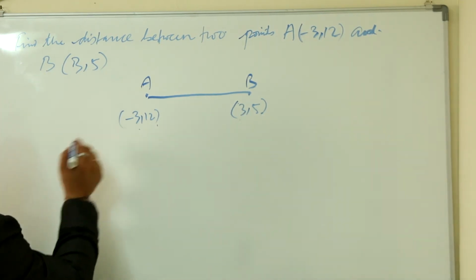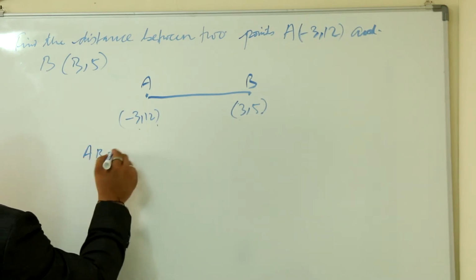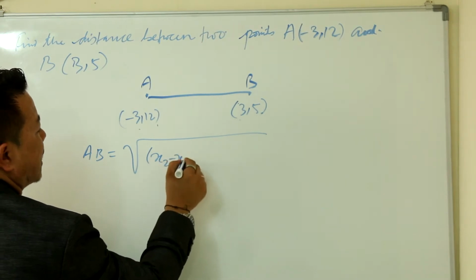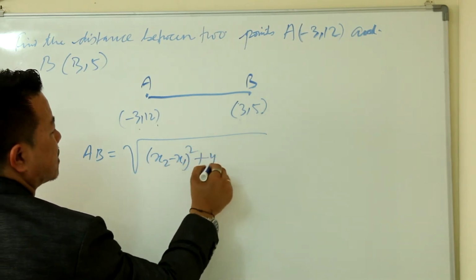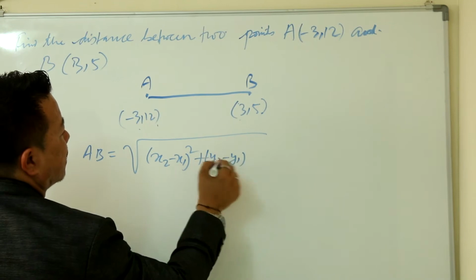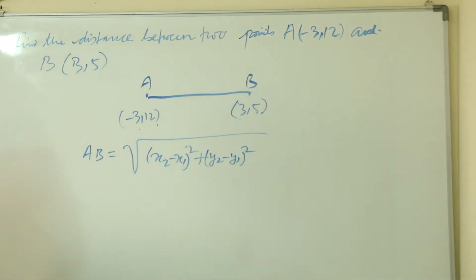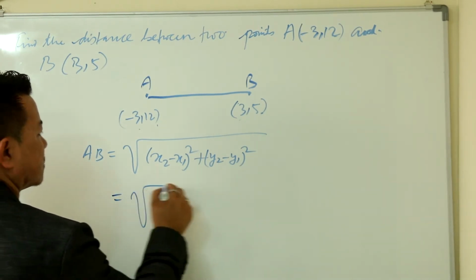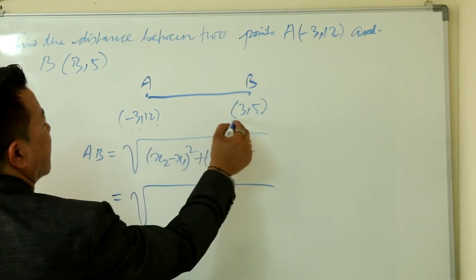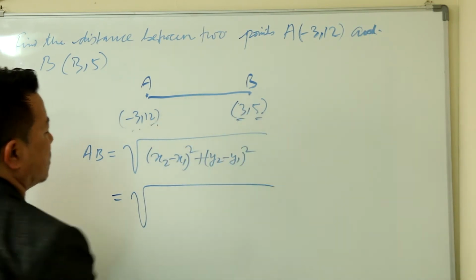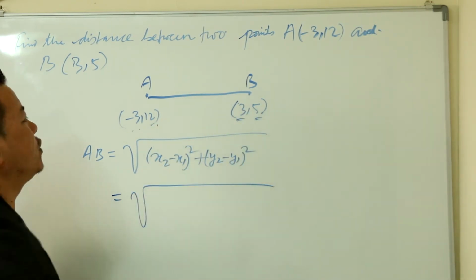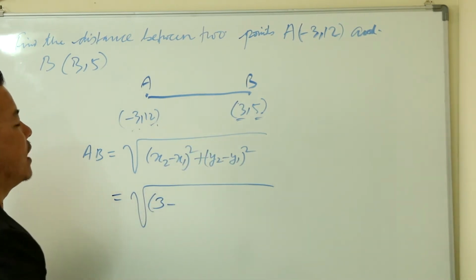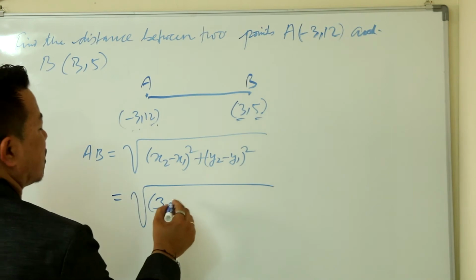So according to the formula, AB is equal to, as we have derived before, root over x2 minus x1 whole square plus y2 minus y1 whole square. So apply it. This is x1, x2, y1, y2. Now x2 minus x1 whole square. What is the value of x2? 3 minus x1. x1 is how much? Minus 3.